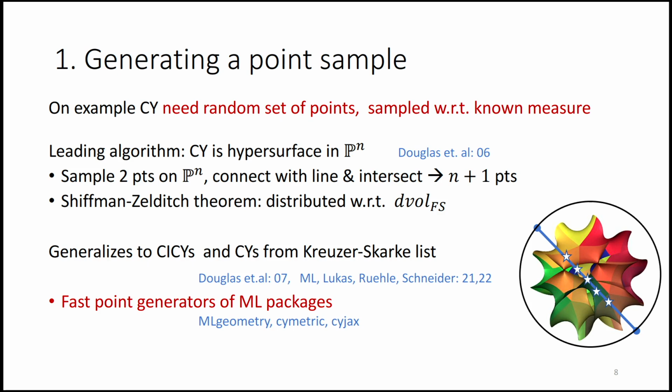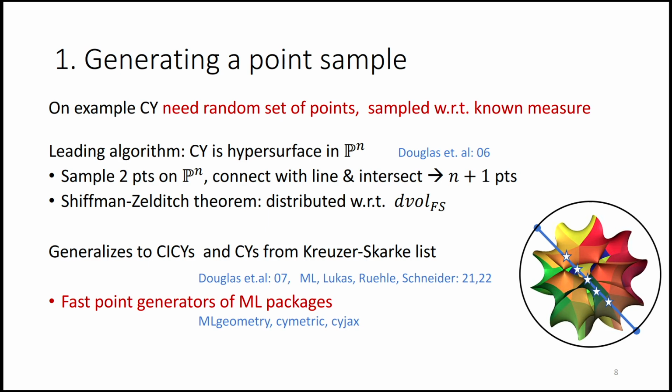So what you do is that you sample 2 points on your ambient space, you connect them with a line, and then this line has a parameter, and you use the polynomial that defines your Calabi Yau hypersurface to solve for the parameter of the line. So you intersect the line with the hypersurface, and that gives you then n+1 points on your Calabi Yau, if the ambient space is Pn.